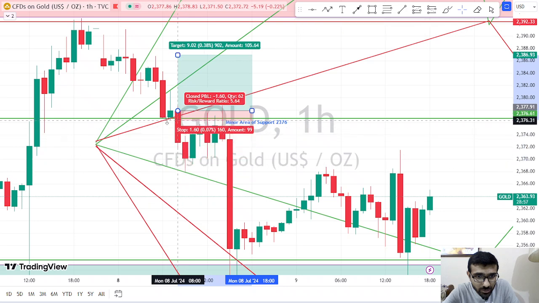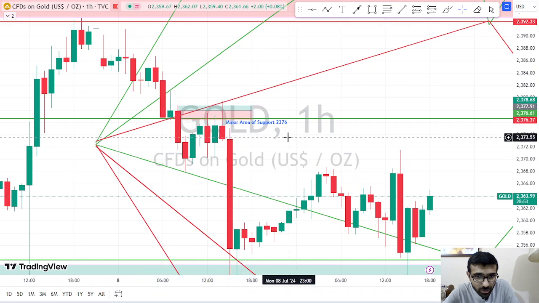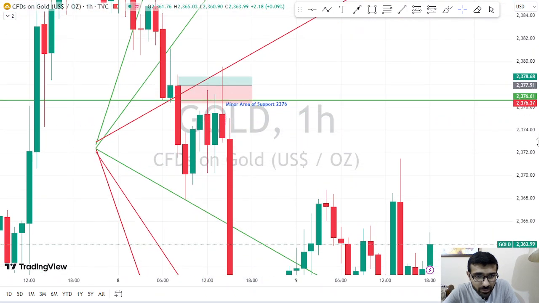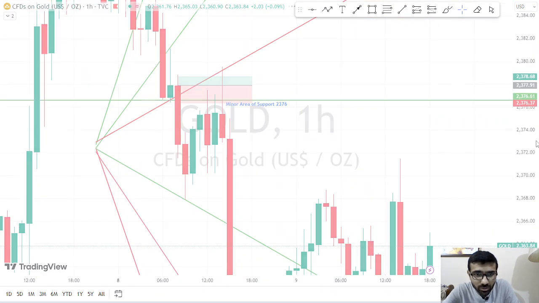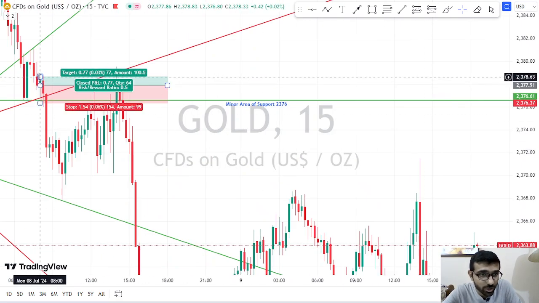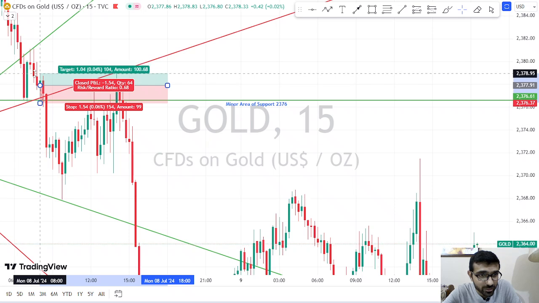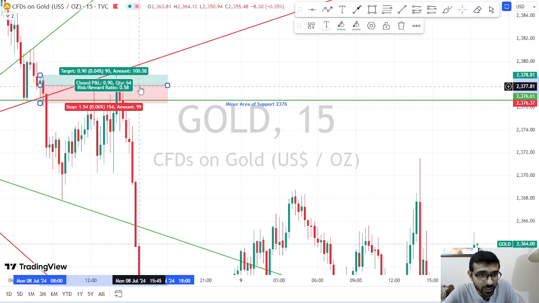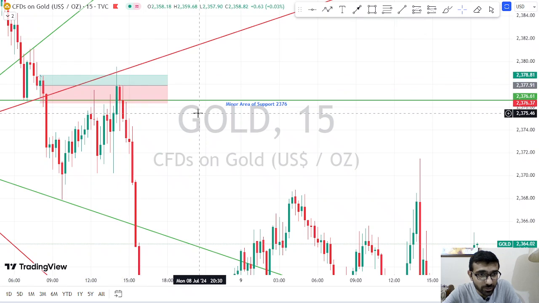Our stop loss will be just below this previous candle, and our take profit could be over here at a 0.5% level. But for that, let us go to the 15 minutes chart to figure it out further, that did market immediately go down, or before going down market first went up and hit our take profit of 0.5%. Okay, that is clear in front of you guys.